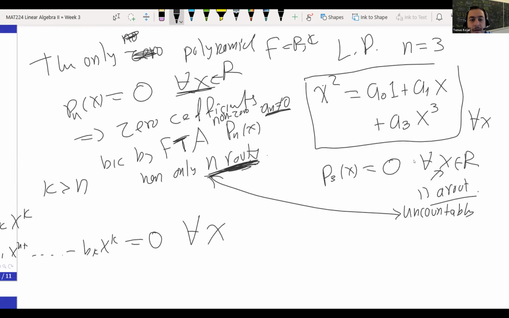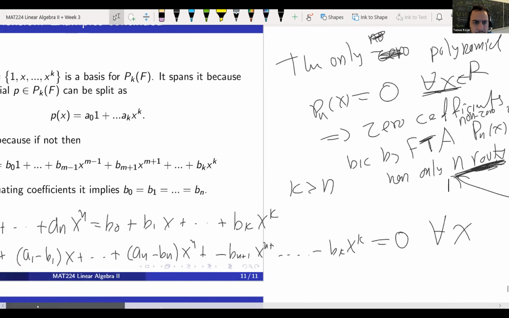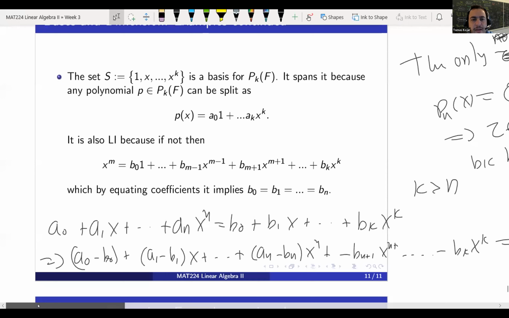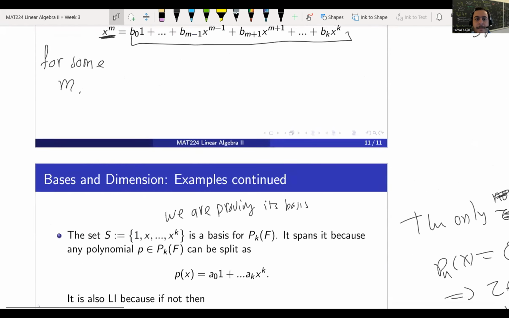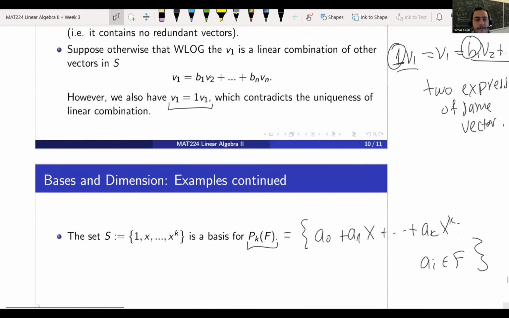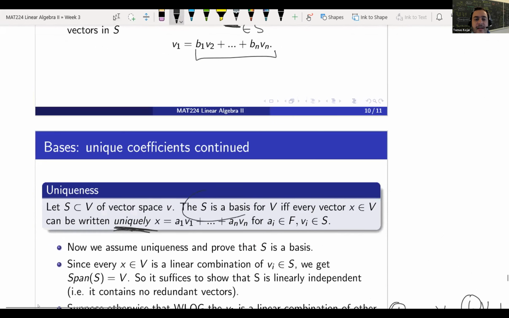Oh, can we not use uniqueness on S? Can we? That's the one I'm proving, because we don't know if S is a basis. We are proving it's a basis. The uniqueness follows only for a basis, right? This result was given that S is a basis.